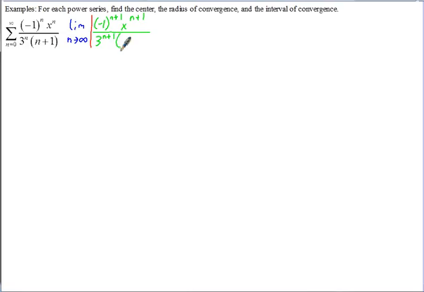And when you plug in n plus 1 here, that's going to make it n plus 2. And then instead of dividing by this, that's the same as multiplying by the reciprocal, so 3 to the n plus 1 over negative 1 to the n x to the n.